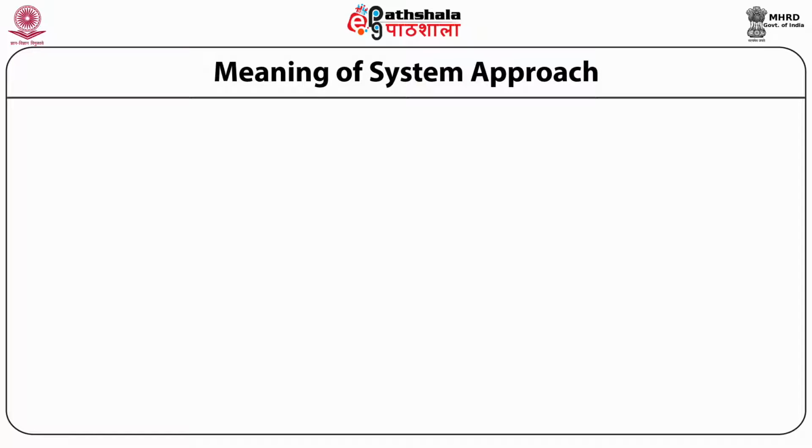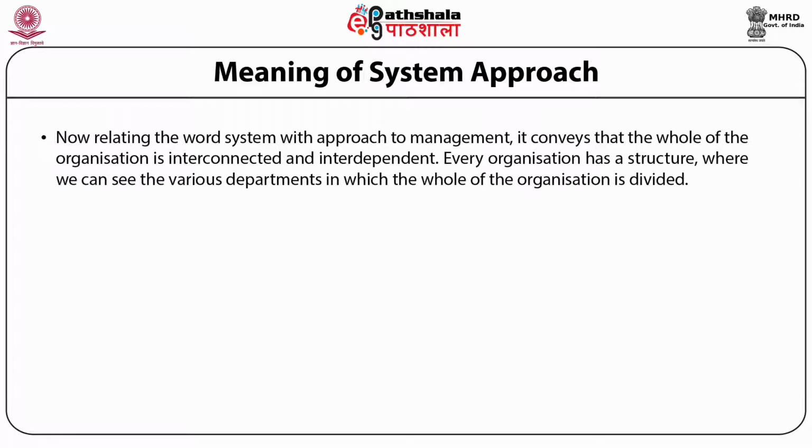Meaning of system approach. Now relating the word system with approach to management, it conveys that the whole of the organization is interconnected and interdependent. Every organization has a structure where we can see the various departments in which the whole of the organization is divided.